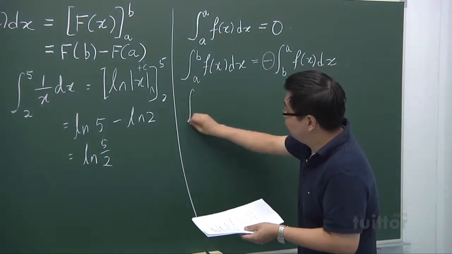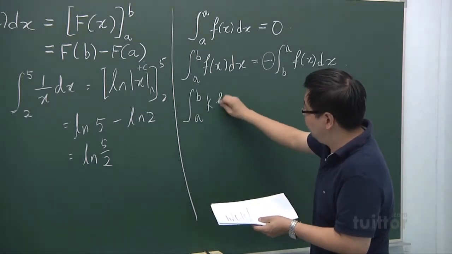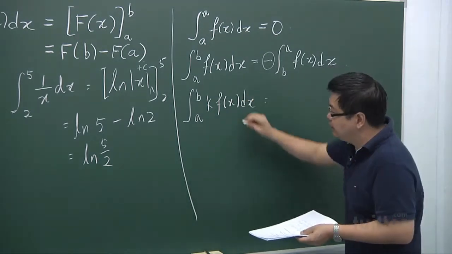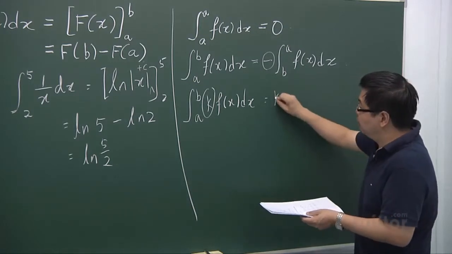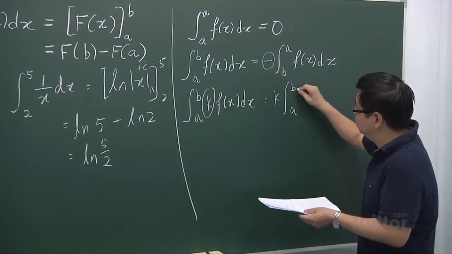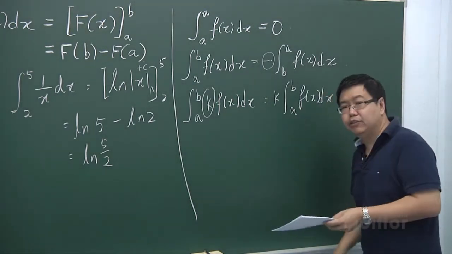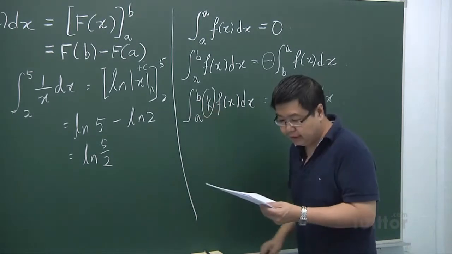Okay? And the third rule says that if you have the integral from a to b of k f(x) dx, you can still take out constants that are not affected by x from the integral in this manner. This rule is the same for the indefinite integral. You can always take out a constant from the integral.